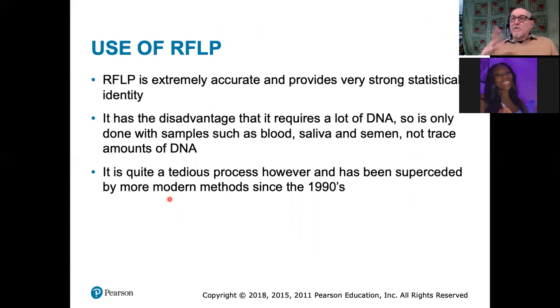You just don't end up with any results. In addition, it's quite a tedious process, and it has been superseded by a much more rapid and in many ways a much easier method to do, but it is based on the same kind of principles.